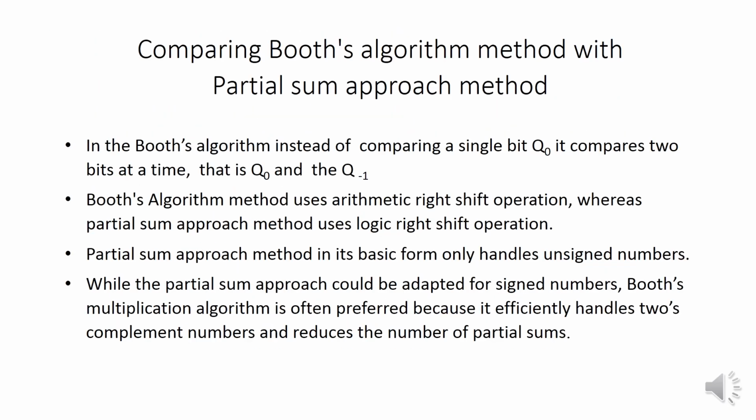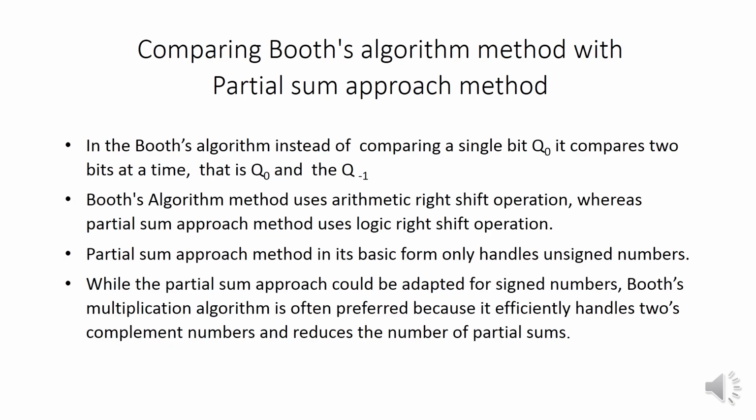Let's compare Booth's algorithm with the partial sum approach. In Booth's algorithm, instead of comparing a single bit, it compares two bits at a time. Booth's algorithm uses arithmetic right shift, whereas the partial sum approach uses logic right shift.